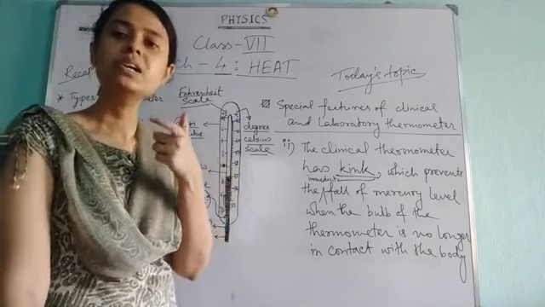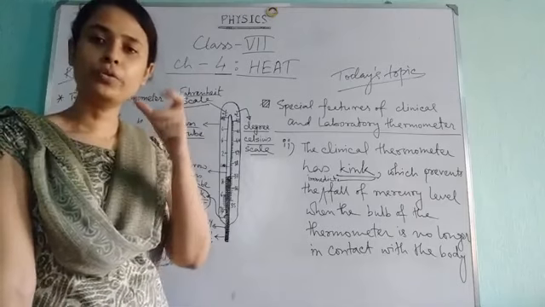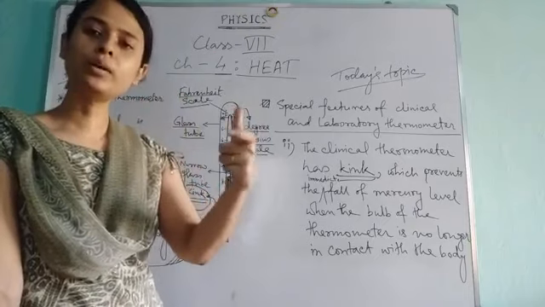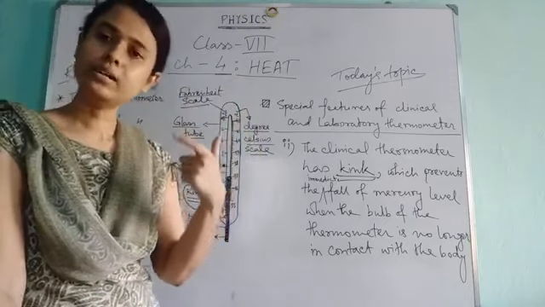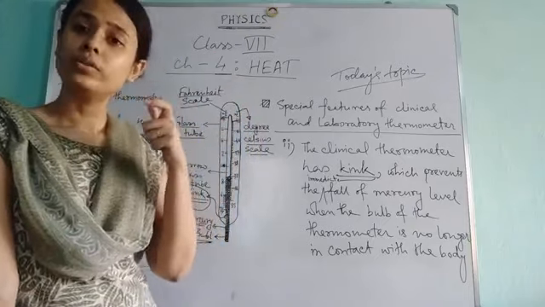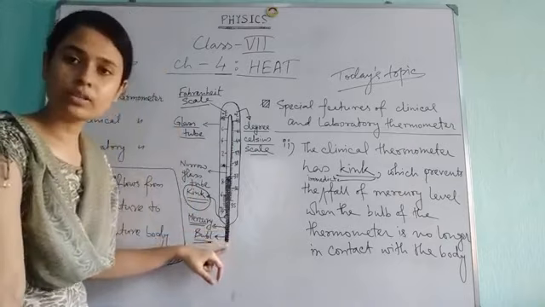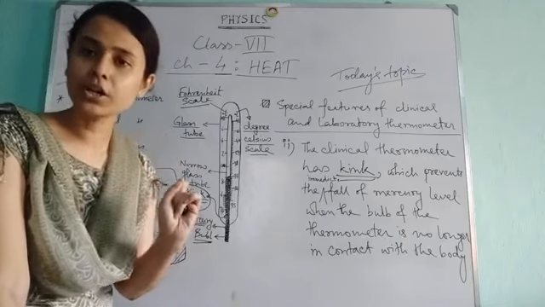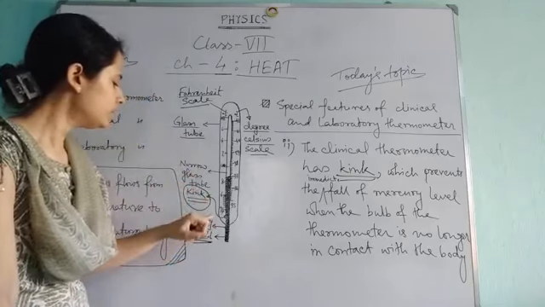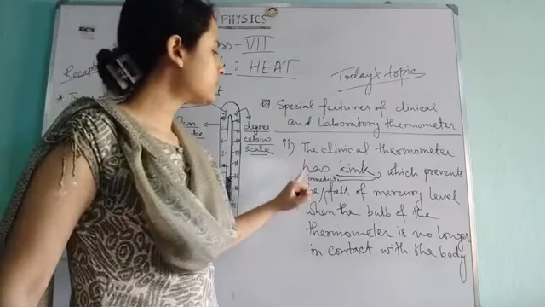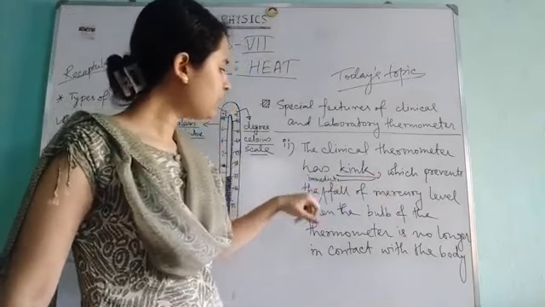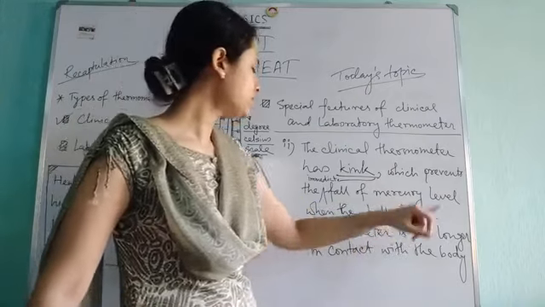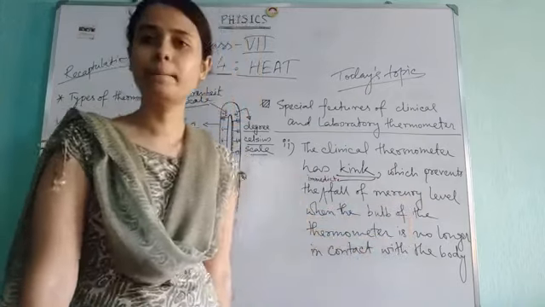So how do we read the temperature? Do we read it when the thermometer is in our mouth? No. We take out the thermometer, then we read the temperature. So when the bulb is not in contact with the body, we still get the accurate reading only because of this kink, as it does not allow the immediate fall of mercury level.